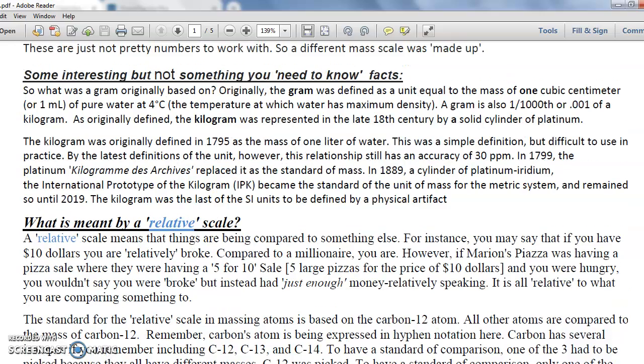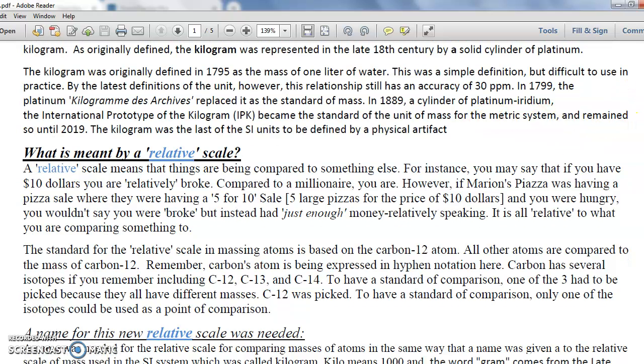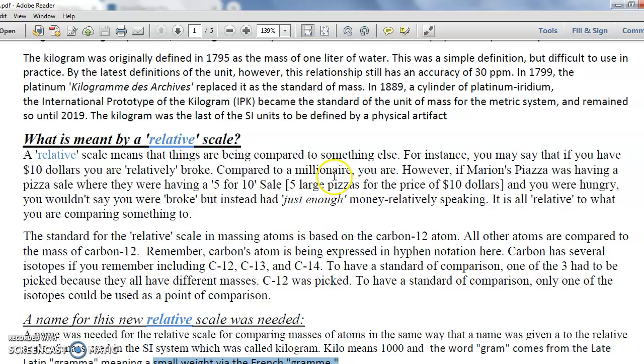What do we mean by the term relative scale? Relative means we're comparing it to something else. So the kilogram was compared to this platinum iridium cylinder. You're comparing something to something else. What do they mean by relative? Well, to give you an example, if you had $10, some people would say you were broke, especially if we're comparing you to a millionaire.